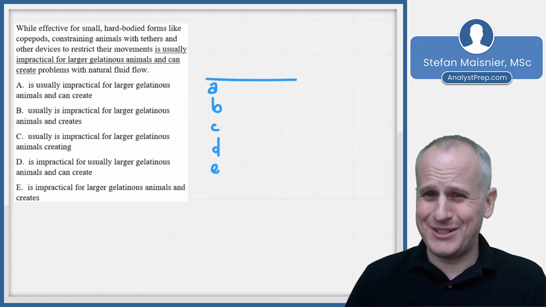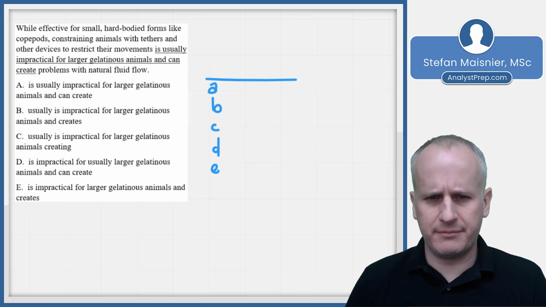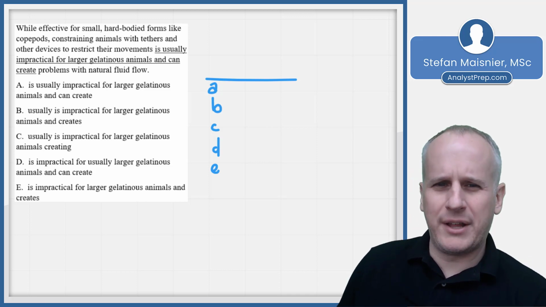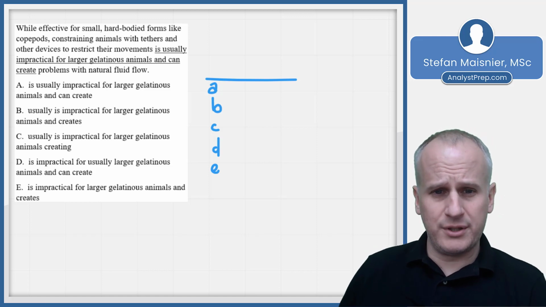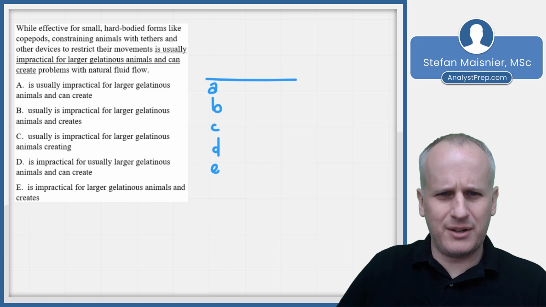So, we once more have some relatively strangely sounding answer choices and an original sentence as well. So, we don't really care about everything that's not underlined. So once again, we can potentially simplify things. So I don't really care that it is effective for small hard-bodied forms, including copepods.